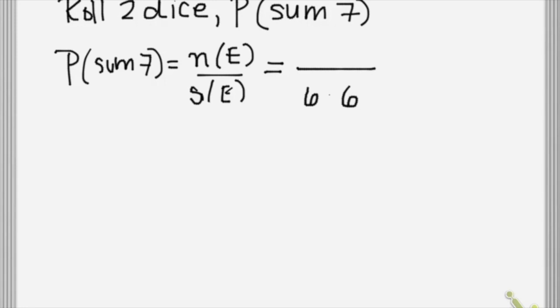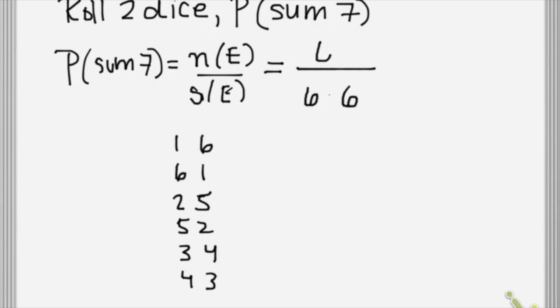Now, how many of those match my desired outcome? I just have to start listing these out. So I can look at a 1 and a 6, and then I would also have 6, 1, and then I could have a 2 and a 5, 5, 2, and 3, 4, 4, 3. So 6 of the 36 outcomes are going to be sums of 7.